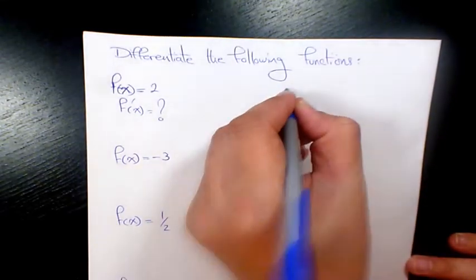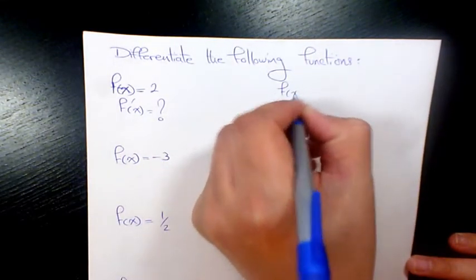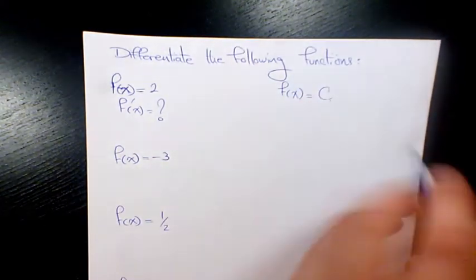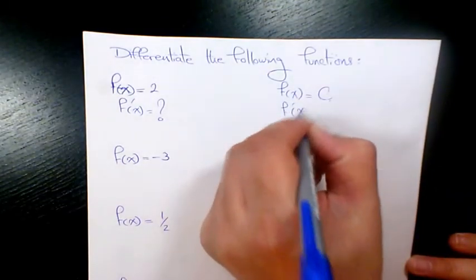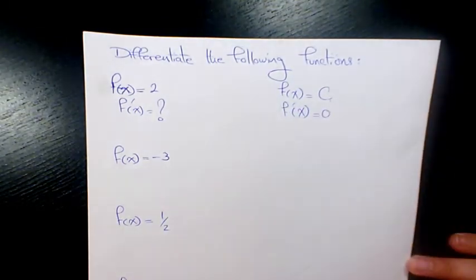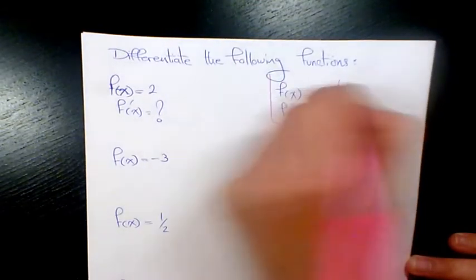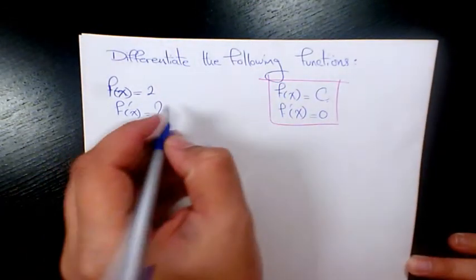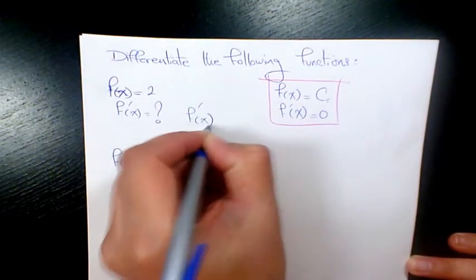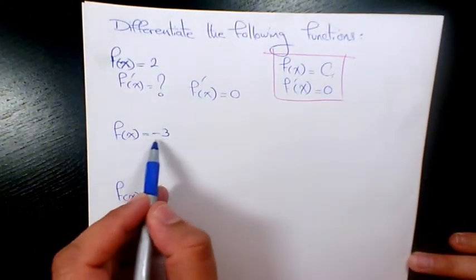So we need to know whenever we have f of x equals a constant number, the derivative of f of x will be equal to 0. So the derivative of all constant numbers is 0. So it means that f prime x equals 0. Next one, f of x is negative 3.